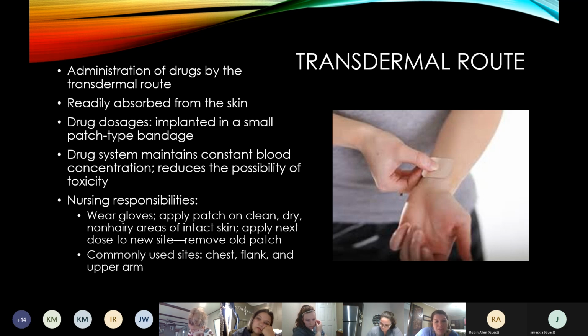The skin that we put it on needs to be clean, dry, and non-hairy. And we need to make sure that we're taking off the old patch before we put on the new one, okay? We usually do this on the chest, the flank, the back, or the upper arm.